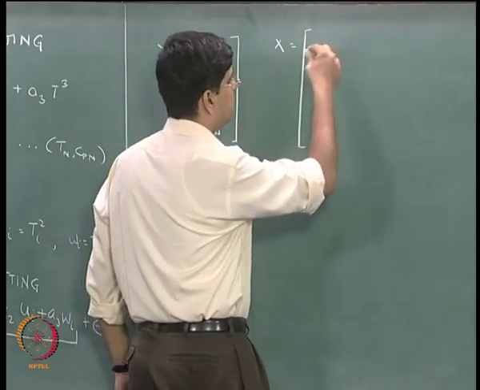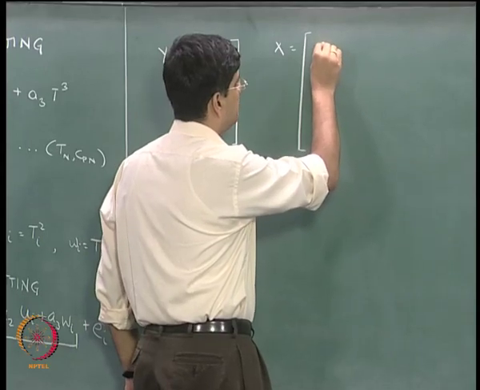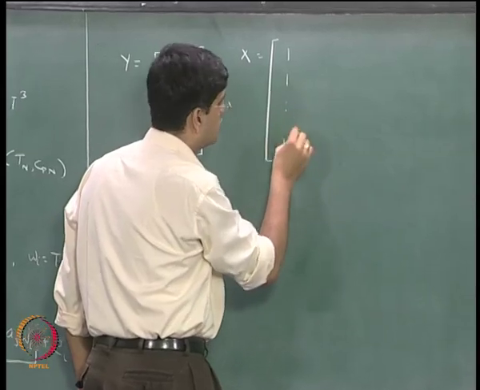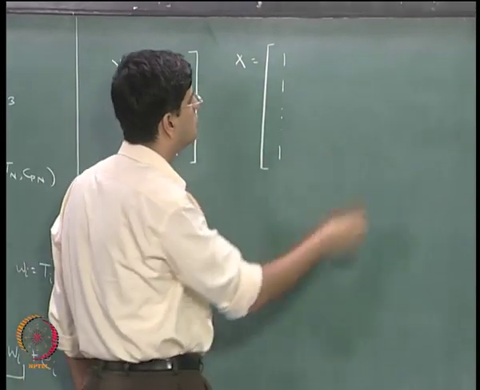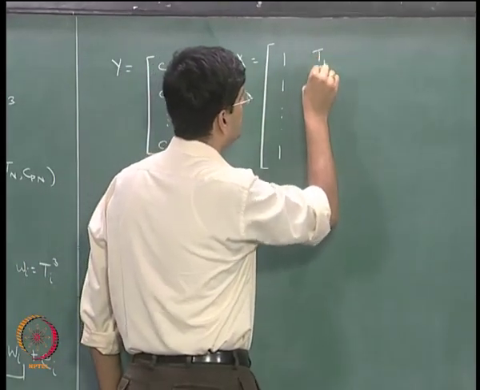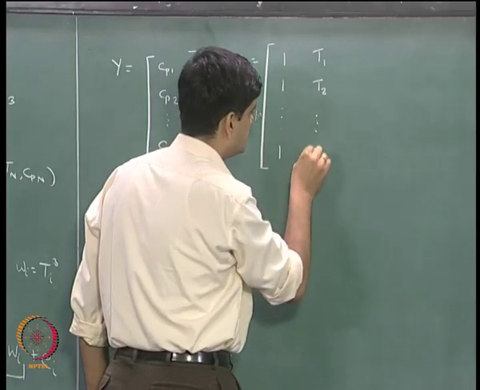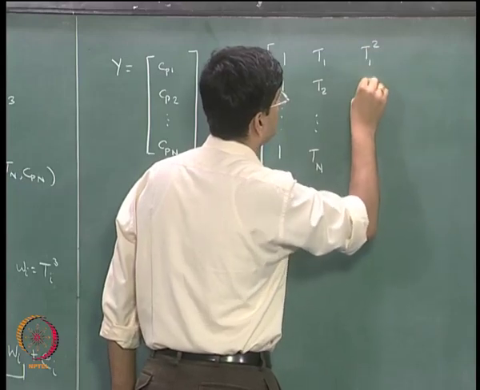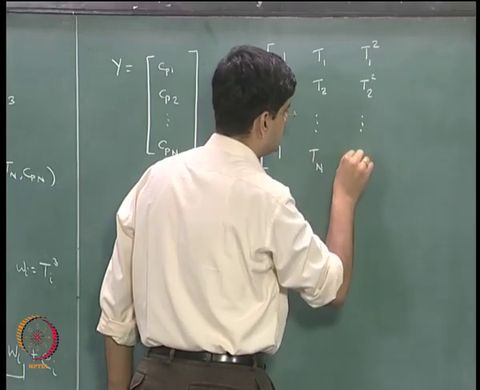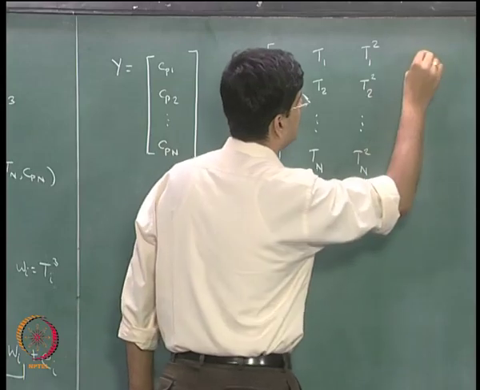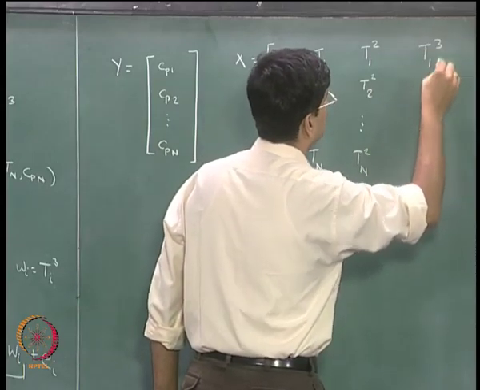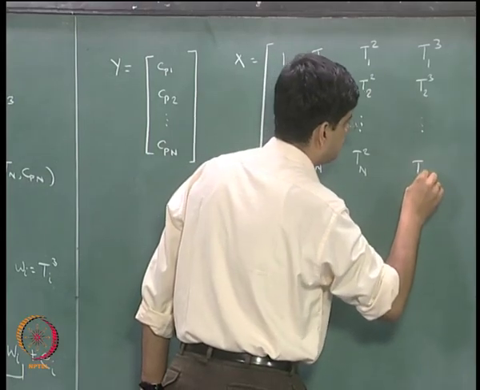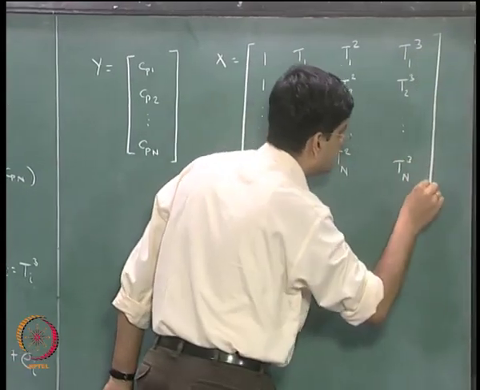Using the relationship that we have just written a few moments back, we can write X as 1 1 and so on up to 1. We have n number of ones over here. Next is going to be t1, t2 and so on up to tn, t1 squared, t2 squared and so on up to tn squared, and t1 cubed, t2 cubed and so on up to tn cubed. Okay.